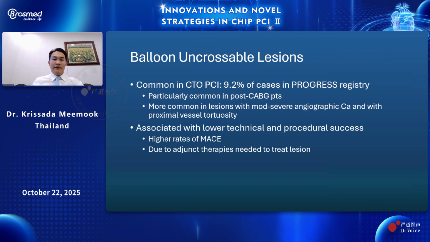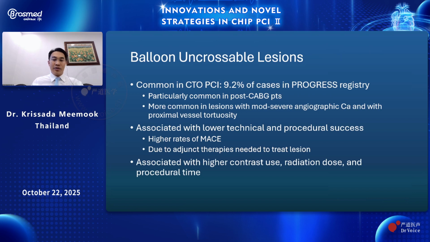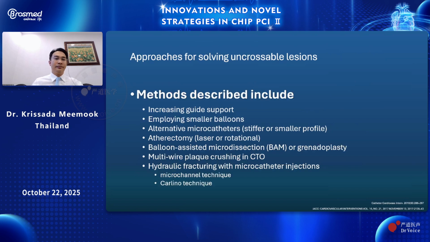It also leads to lower procedural success, the patient might have a higher MACE rate, and we need to use more contrast, more radiation dose, or a longer procedure time to encounter this problem.